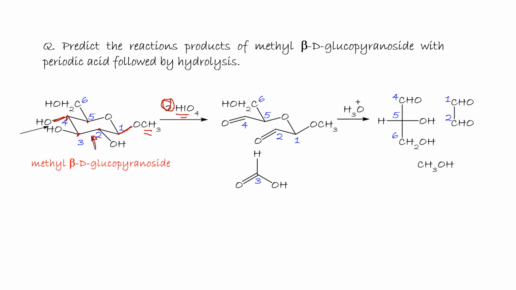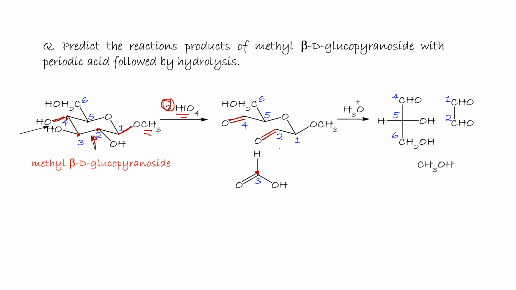So around C3 we have 2 HIO4, so it will be formic acid. What about C2? It's only one, so it will be an aldehyde. What about C4? Again, aldehyde functionality.